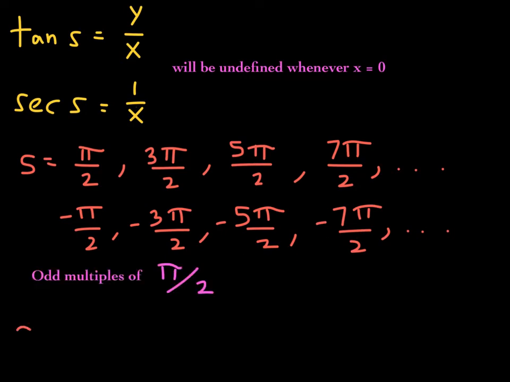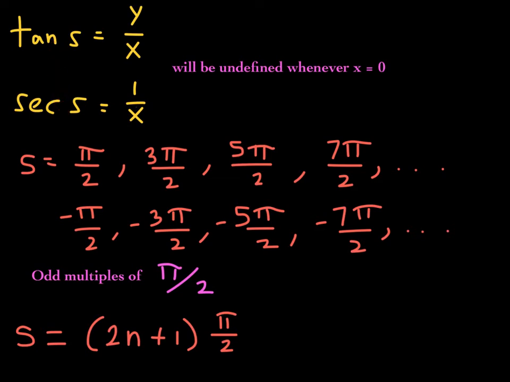So basically, I can sum it all up like this. If s is 2n plus 1 times pi over 2, this is our way of saying odd multiples of pi over 2. If s is any one of these values, then tangent and secant will be undefined.